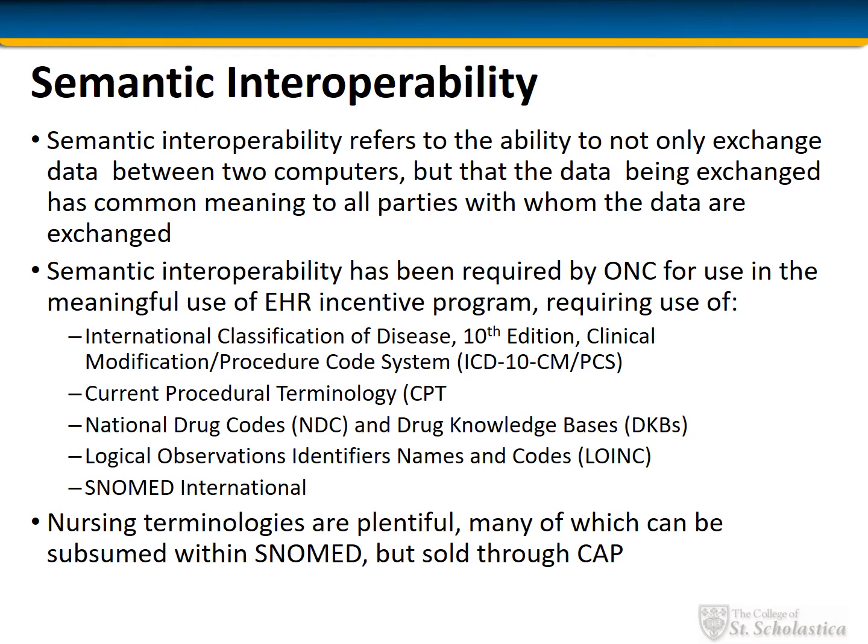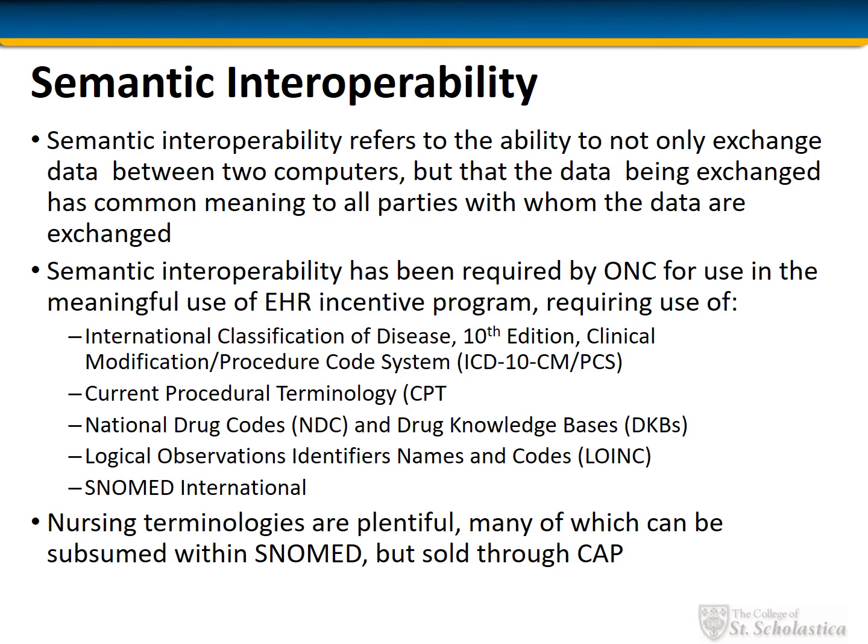Drugs and their properties are also standardized in drug knowledge bases, most notably RxNorm, maintained by the Department of Veterans Affairs, but also several proprietary companies, the largest of which are First Data Bank, or FDB, Micromedex, and Multum. These drug knowledge bases support computerized provider order entry alerting in EHRs.